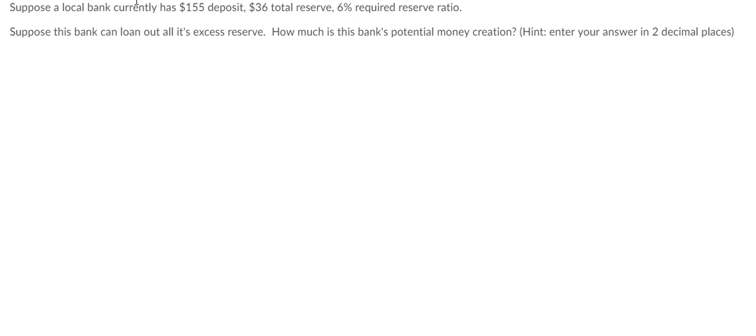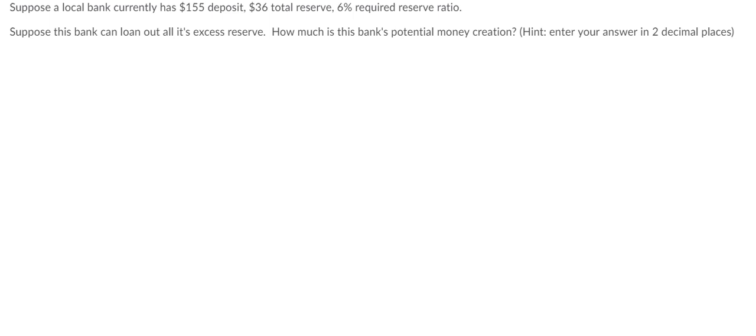Okay, and suppose this bank can loan out all its excess reserve, so the extra cash they have, they can lend them out. And the question is asking for how much is the bank's potential money creation. There are a couple of steps in here, and every step of the way can be a question in the quiz. You might see this kind of setup for different questions, but they all have the same steps. The first thing you're looking for is how much is the required reserve.